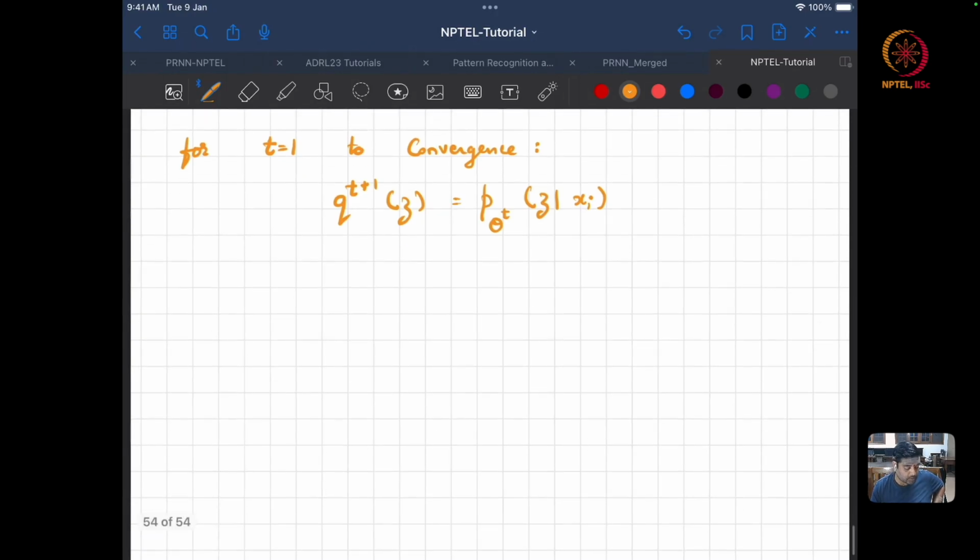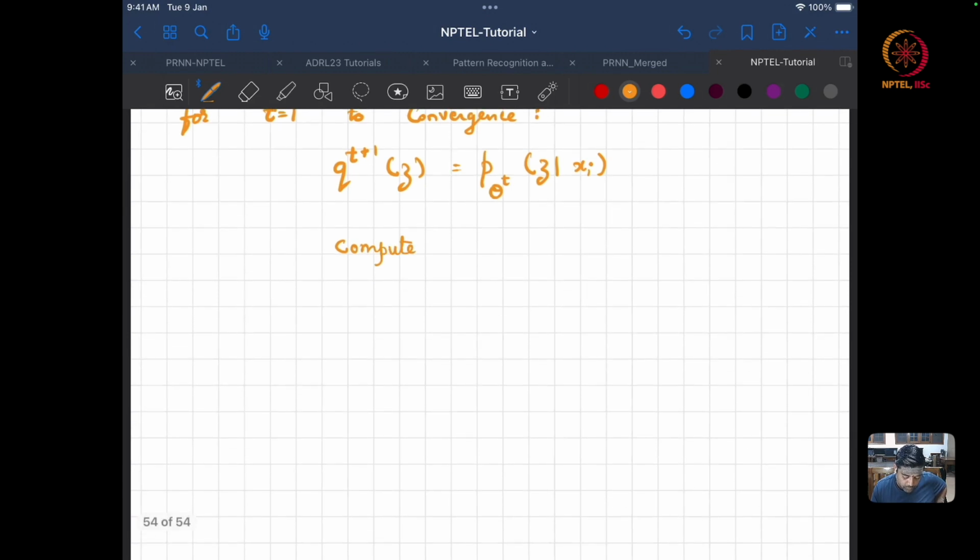Okay, so now once you have this, you compute f theta of q t plus 1.